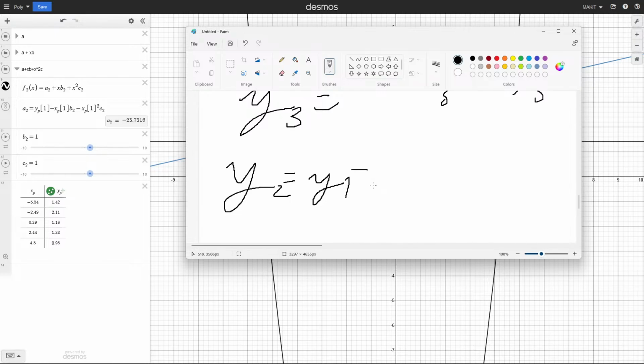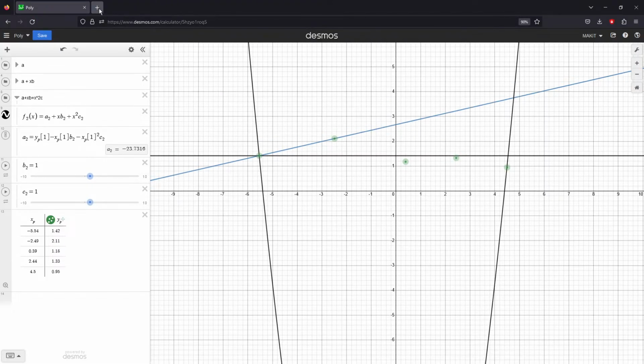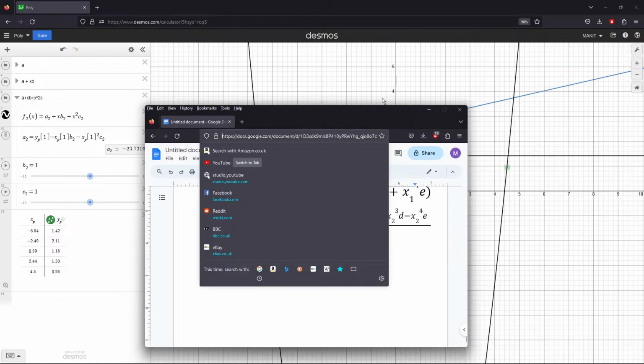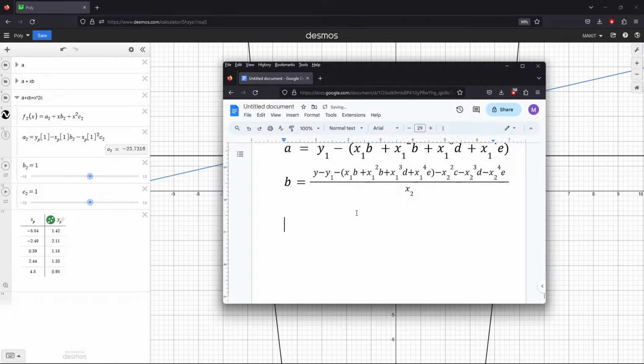I feel like this would be easier in Google Docs at this point, because oh my goodness, it's getting messy, and my handwriting won't be any handier, especially since I'm doing it with a mouse. Oh, by the way, over here I'm pretty certain it's the same thing. I think it is. Great.